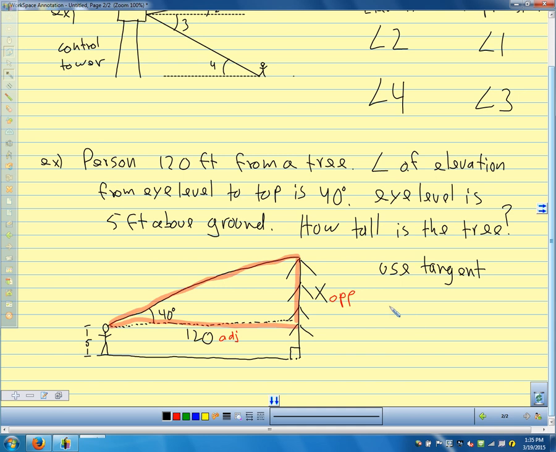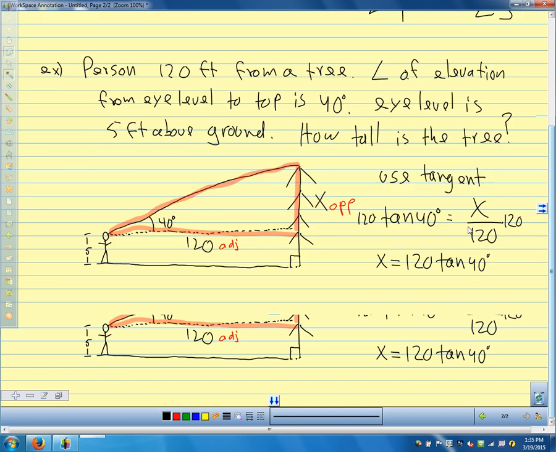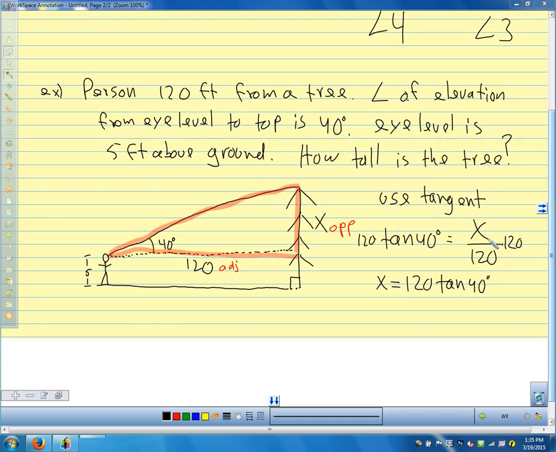So we write our equation. Tangent 40 degrees equals the opposite over adjacent, x over 120. Now we're set. Multiply both sides by 120. So we get x equals 120 times the tangent of 40 degrees. Plug that into our calculator just like we wrote it there, and I get 100.69.